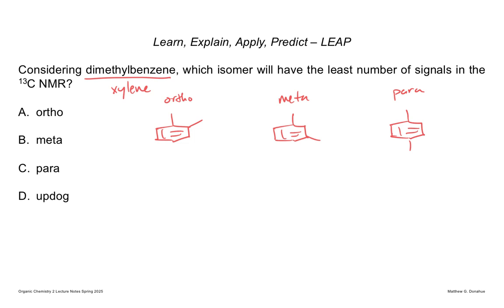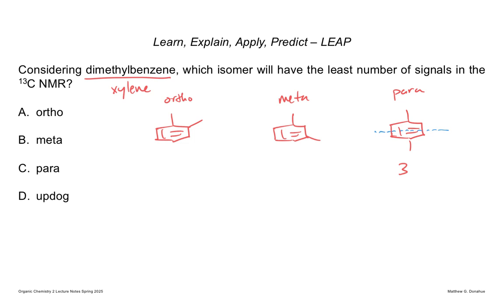So para, how many would it have? 3? Does everyone buy that? So now keep in mind, both of those substituents are the same. So probably the easiest symmetry element to see is you're just cutting it in half, and the top reflects on the bottom.